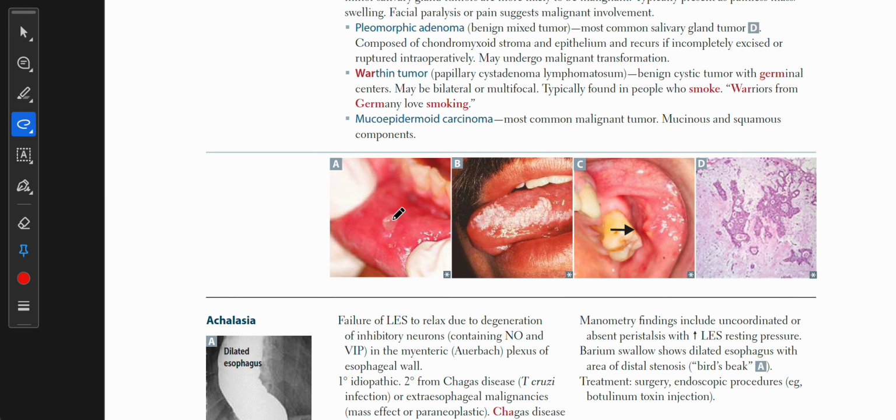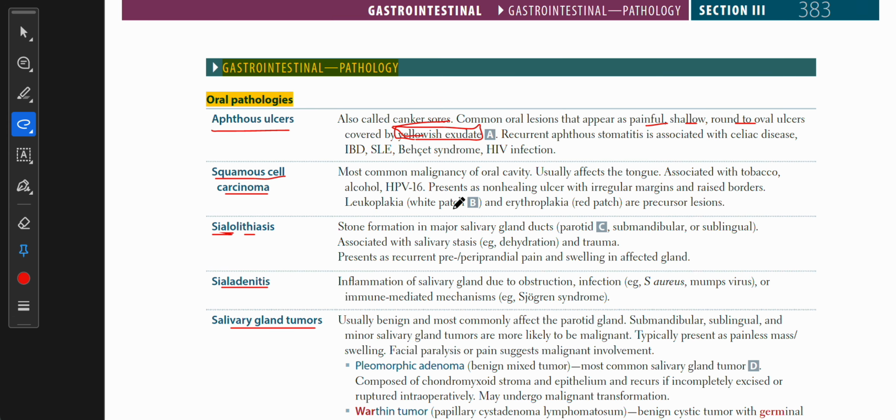Here is a figure; there you can see a case of an aphthous ulcer or canker sore. Recurrent aphthous stomatitis is associated with celiac disease, which we will talk about later, IBD (inflammatory bowel disease), SLE (systemic lupus erythematosus), Behçet syndrome, and HIV infection. So that is about aphthous ulcers.